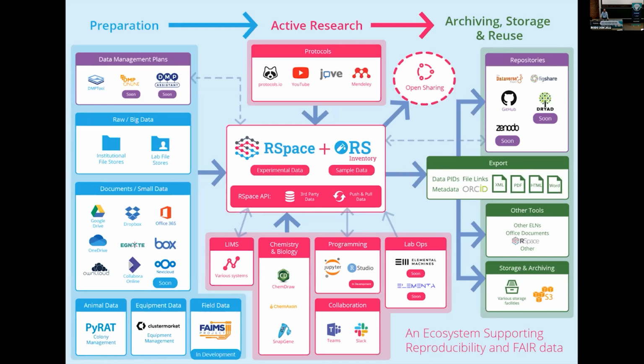We also link with all the other things you'd expect, like Box and Dropbox and Google Drive. We also link down in the bottom there with some more specialist things. So for example, animal colony management systems. PIRAT is one which is heavily used in Germany. Cluster Market, which is an equipment management system. So you can also associate your experimental data with these other kinds of relevant data that you're doing in your experiment.